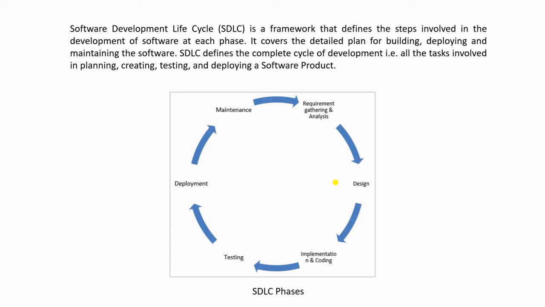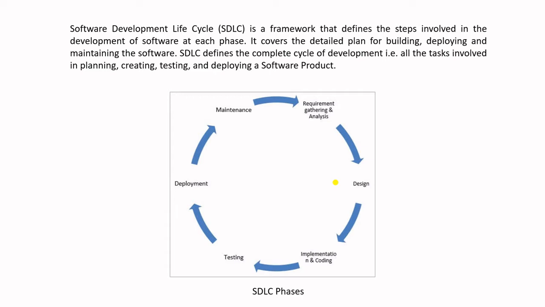Software Development Life Cycle SDLC is a framework that defines the steps involved in the development of software at each phase. So, software development life cycle is a framework which defines the steps, and those steps are required for the development of any software. And there are so many phases in the SDLC.